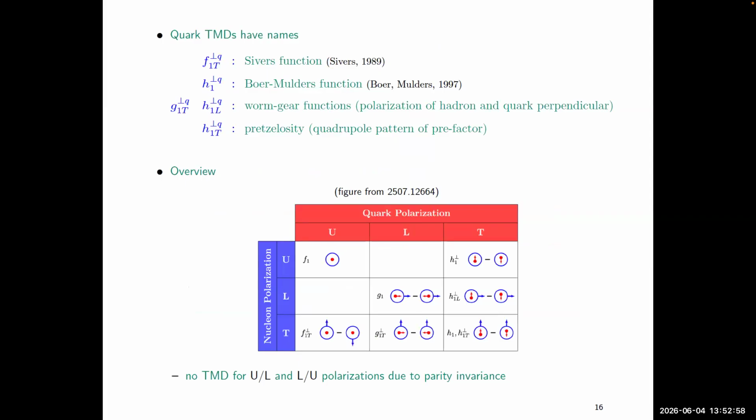Sivers function, F1T perp, Boer-Mulders function, H1 perp. Then we have what often is called the worm-gear functions. These two, worm-gear because the hadron polarization and quark polarization are perpendicular. Sometimes this one here is also called Kotzinian-Mulders function because they used this in the early days of the field.